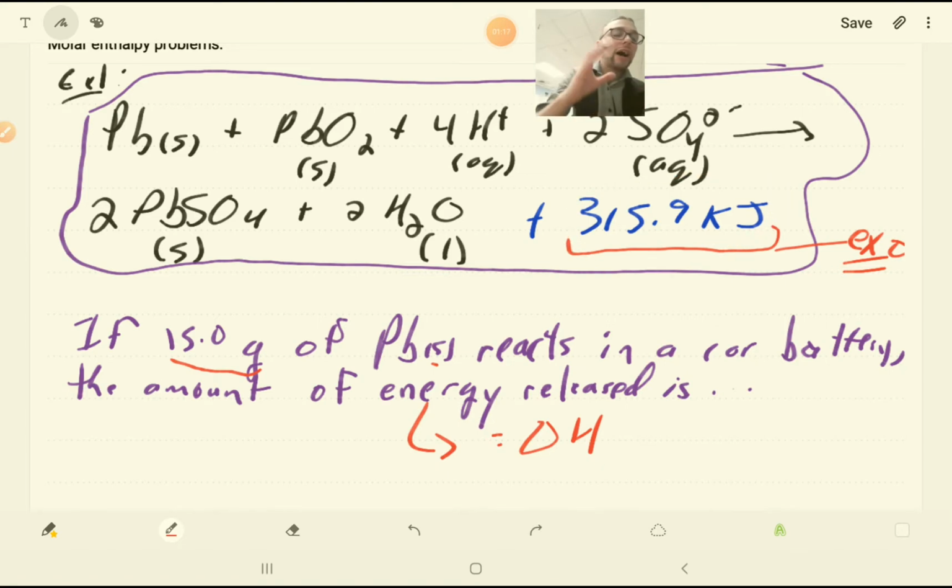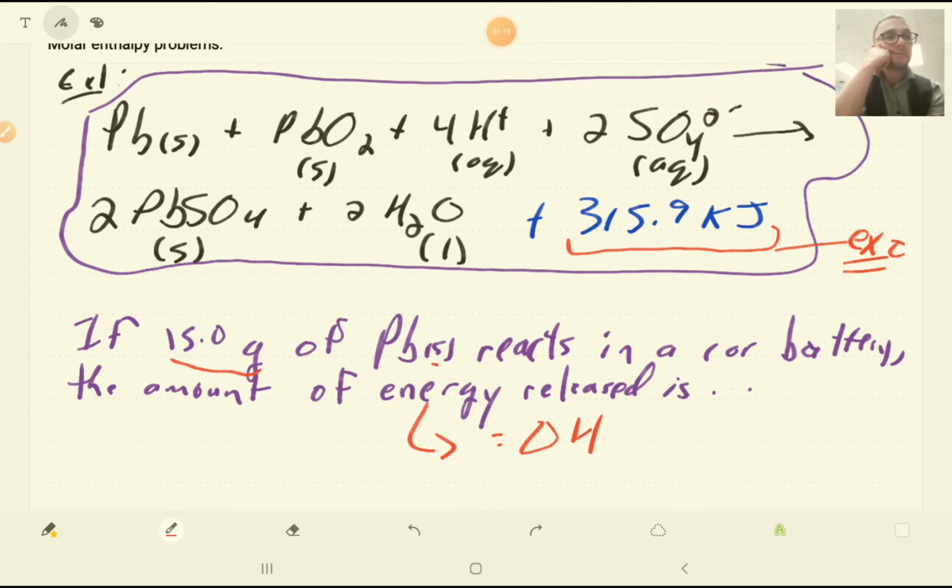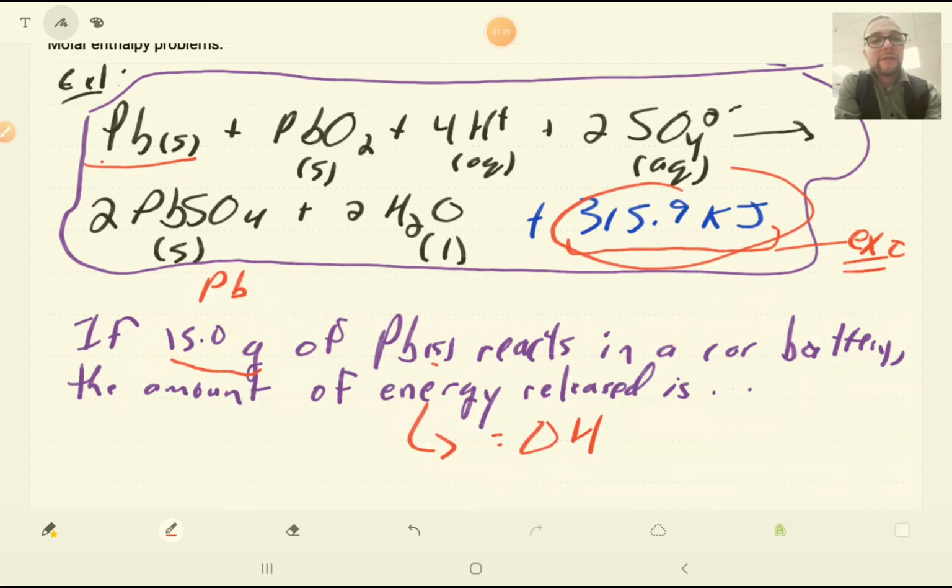Now here's how you have to think about these problems. Right now, you have 315.9 kilojoules released when 1 mole of lead is used. How many kilojoules would be released if this 1 mole was changed to 15 grams? So we're going to set up a proportion equation at the bottom.